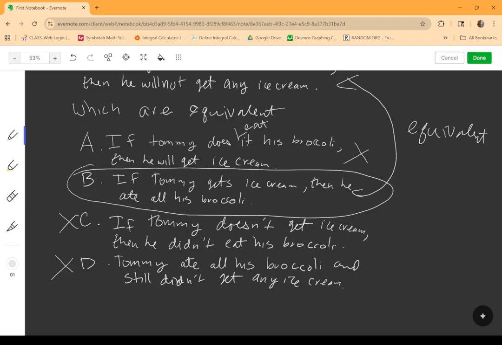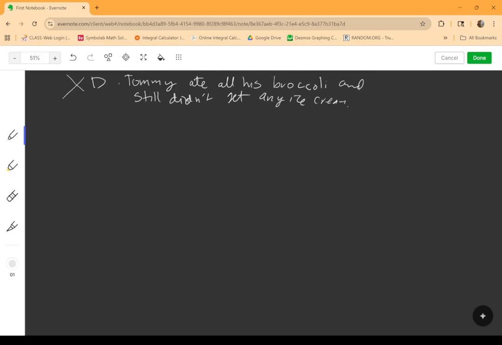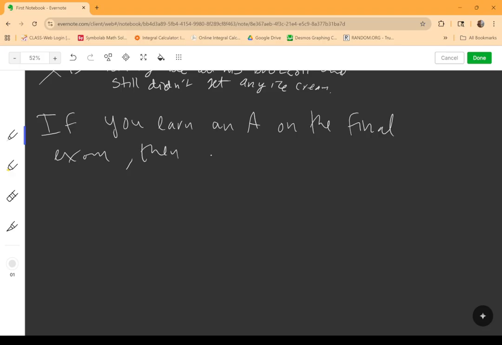Okay. All right. Let's go over one more example to get us convinced that this truth table is what it is for an implication. All right. So let's say if you earn an A on the final exam, then you receive an A in the class.